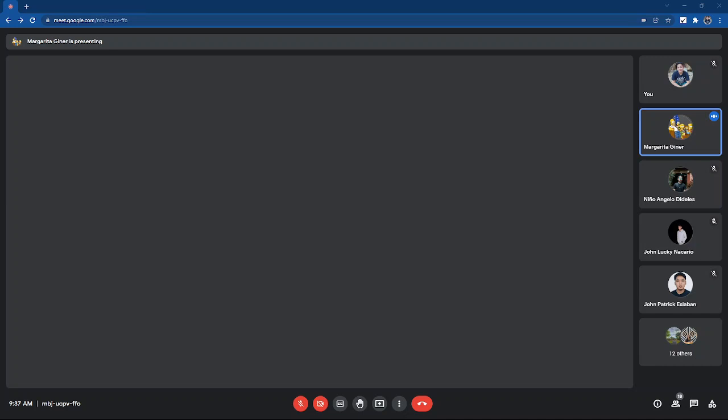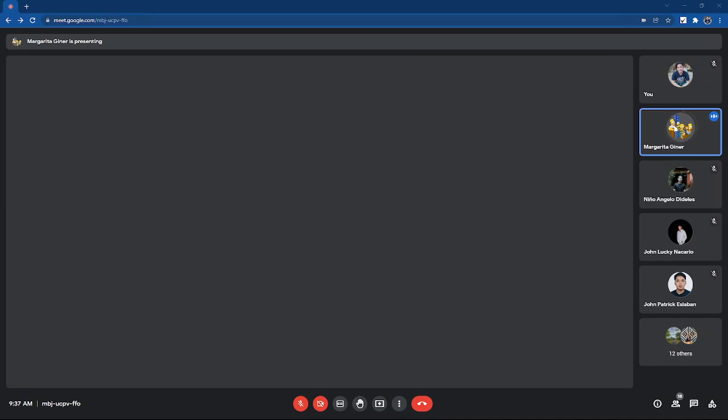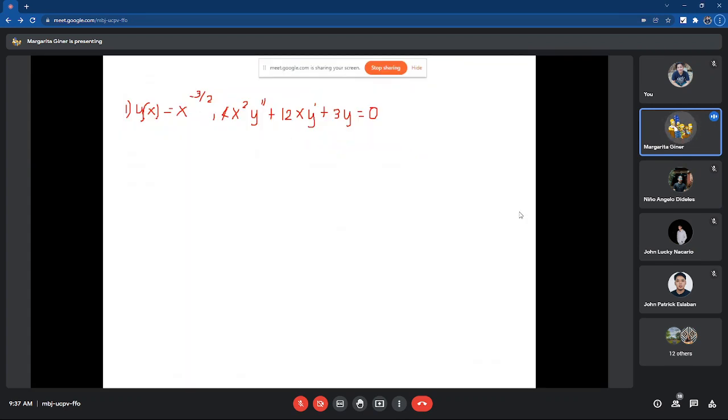So it should become 0 later on, to balance. This function is a solution of this differential equation.